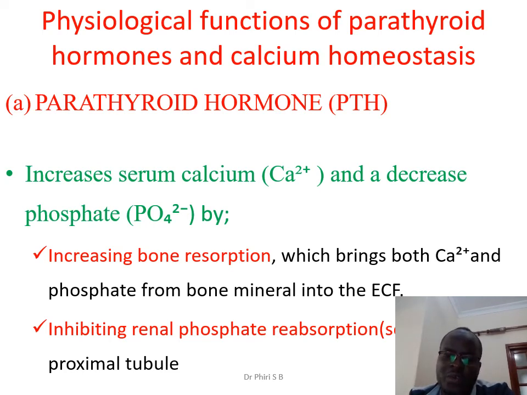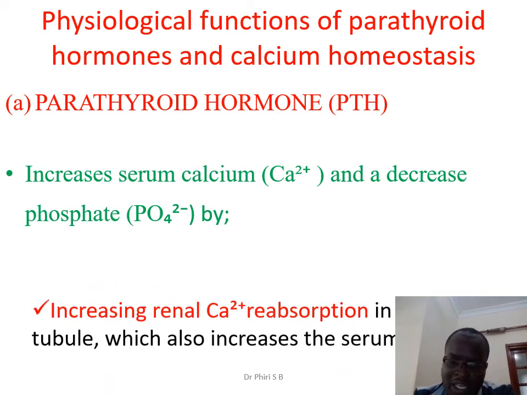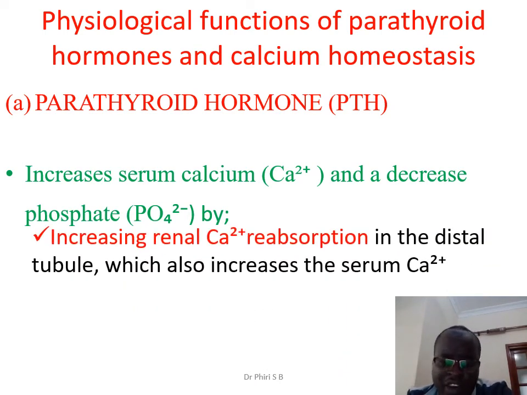If the reabsorption of phosphates is inhibited, you are losing much of the phosphates in the urine. At the same time, you are reabsorbing much of the calcium. So you realize that there will be an increase in renal calcium reabsorption in the distal tubule. In the distal tubule, there is reabsorption of calcium, which also increases the serum calcium levels.